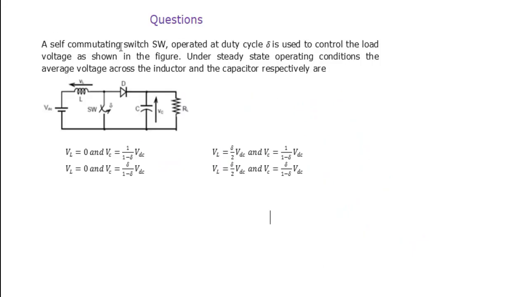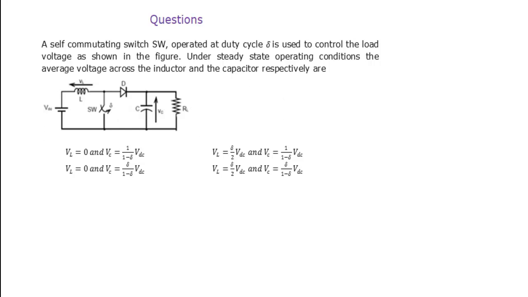A self-commutating switch SW, this one, operated at duty ratio delta, is used to control the load voltage as shown in the figure. Under steady state operating conditions, the average voltage across the inductor and the capacitor are respectively.